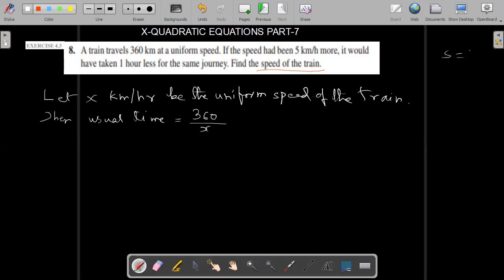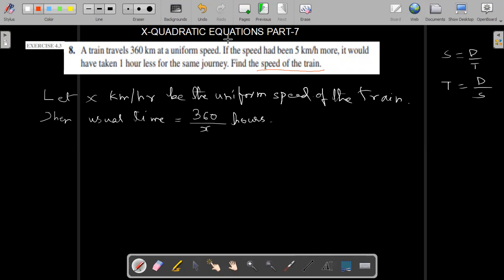Speed is equal to distance upon time, so time is equal to distance upon speed, in hours. We are taking it in hours. So this will be the usual time.